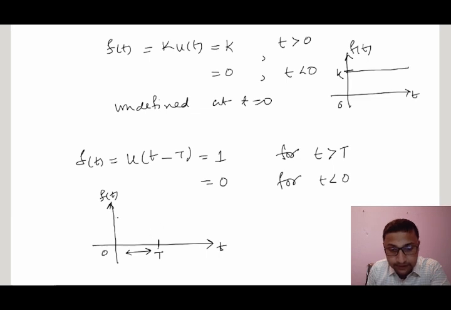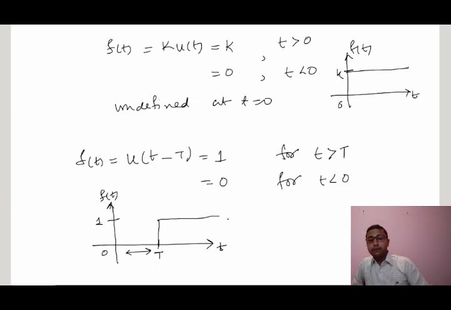The signal constant magnitude, suppose this point is 1 DC magnitude, so the signal will start from this capital T and then it will go like this, maintaining the constant 1 magnitude. Okay, so this is the unit step signal by phase shift or delayed capital T seconds. Okay, clear?